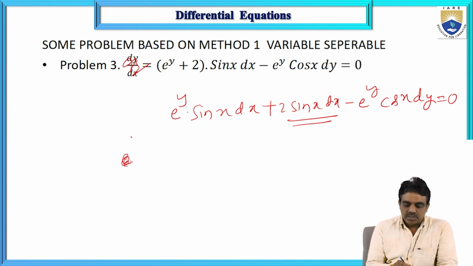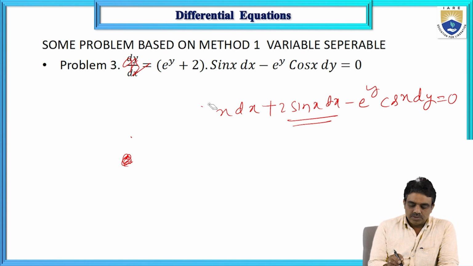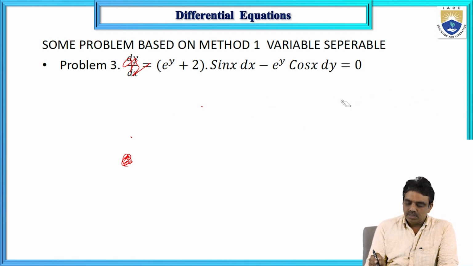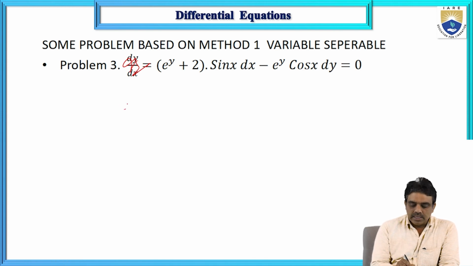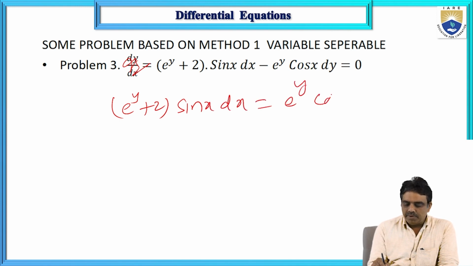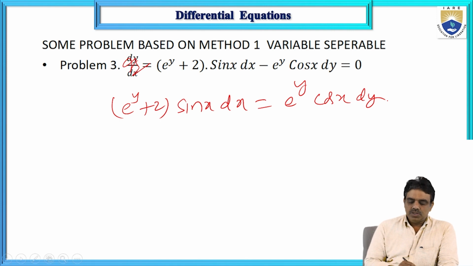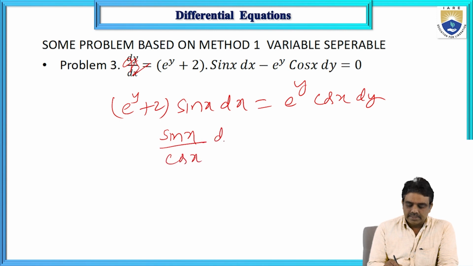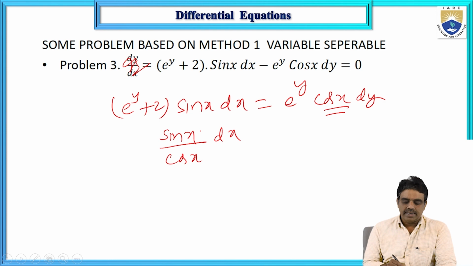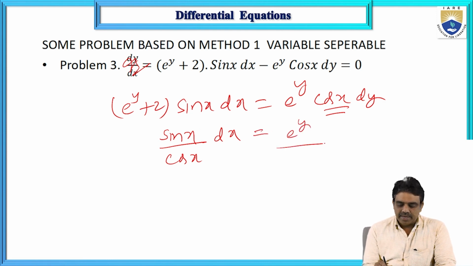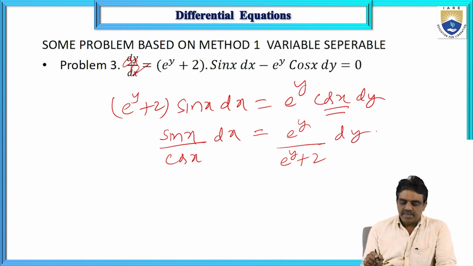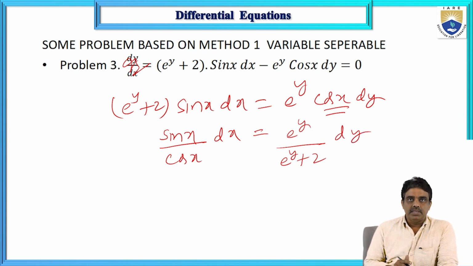There is a small mistake in the problem, so I'll write it as: e power y plus 2 of sin x dx is equal to e power y cos x dy. Now, writing cos x in the denominator on the left hand side, and e power y by e power y plus 2 dy on the right hand side, I have separated the variables, x variables on dx side and y variables on dy side.